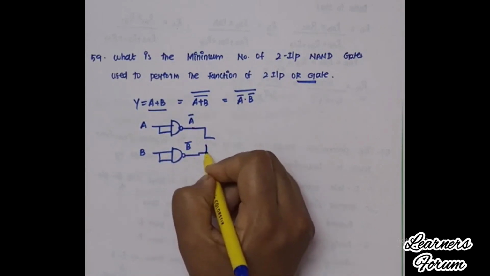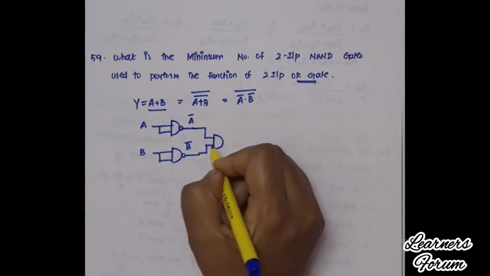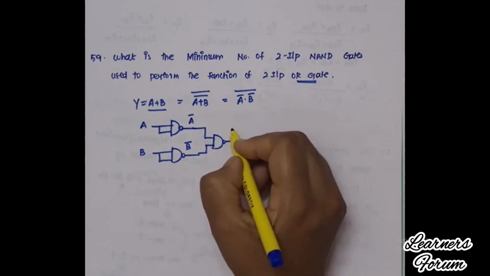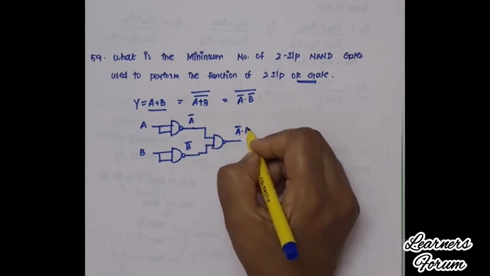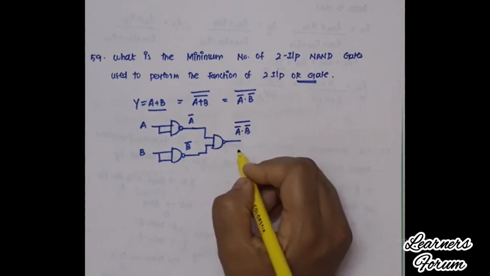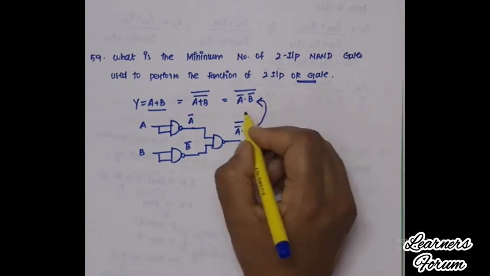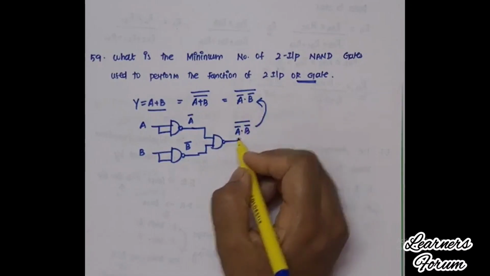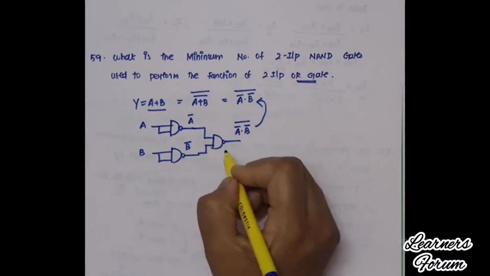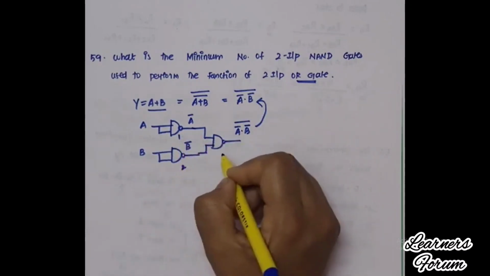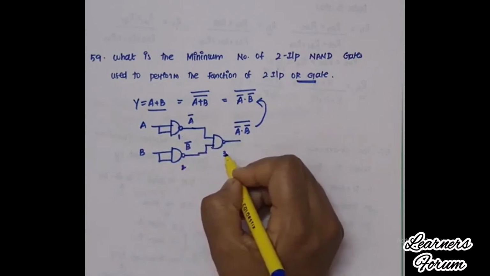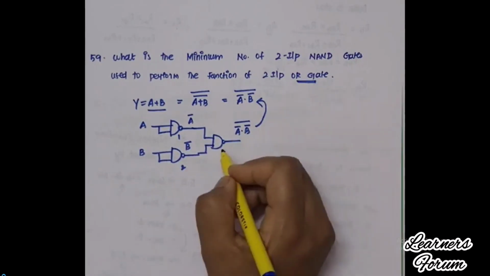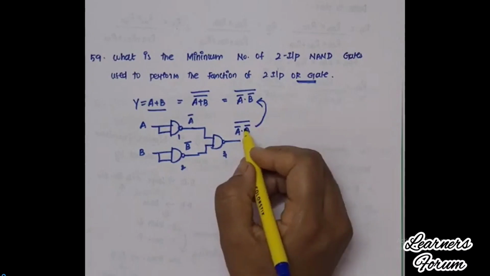Now let us combine these two outputs to one more NAND gate, and we can get the output as A bar dot B bar the whole bar, because it is a NAND gate. So we have got the similar equation like the previous one, which refers to the OR gate function. Comparing this, we get the number of NAND gates, which is 1, 2 and 3. So to represent a 2-input OR gate, we require 3 NAND gates. So option 3 is our correct answer.